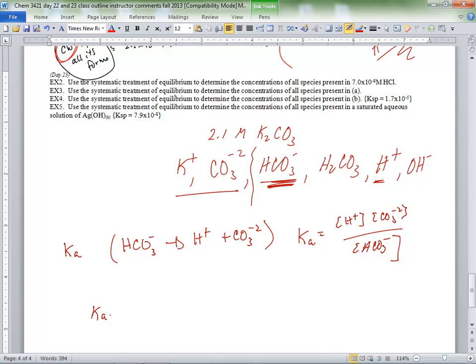Because what Ka expression can you write with carbonate? Carbonate has to be the conjugate base. So when I see carbonate, I say, if I attach an H to him, is he a strong acid? Because if it is, I can't write that conjugate acid. But no, he's not on the list. So I definitely can write him. So there's my conjugate base.